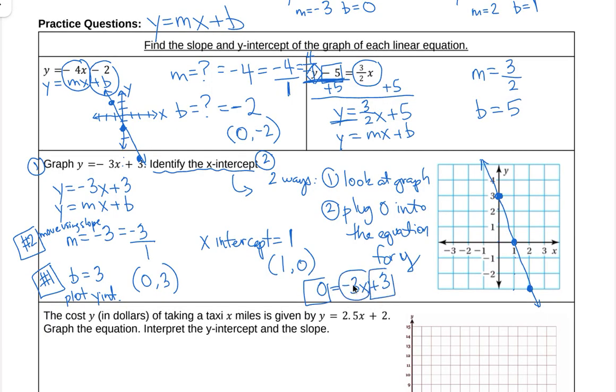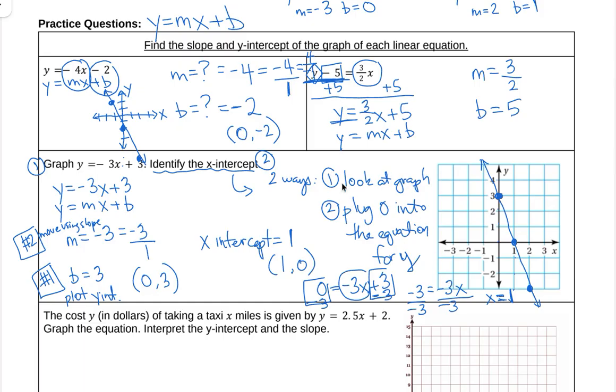I want to get this term all by itself, which means I'm going to take away 3 from both sides, which leaves me with -3 equals -3x. To solve for x, I'm going to divide by -3, and that gives me x equals 1. Well, that's what we said the x-intercept was, right there at 1.